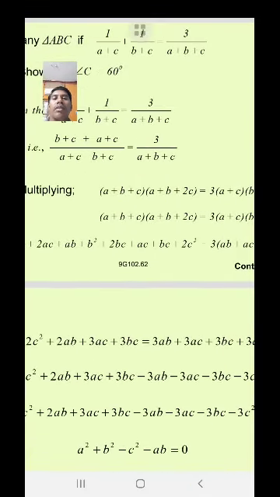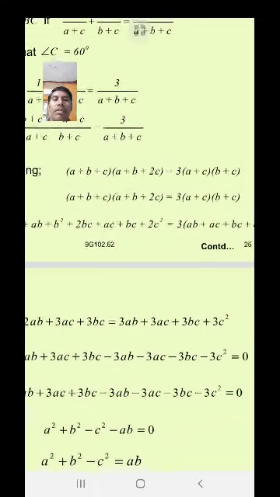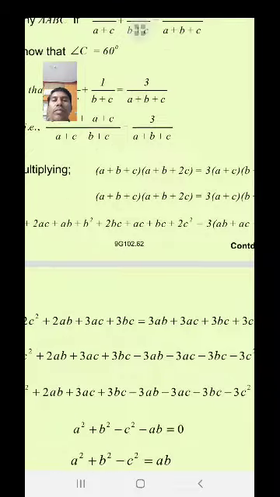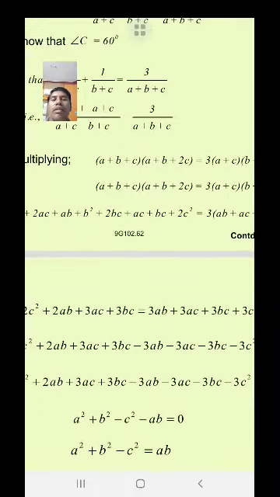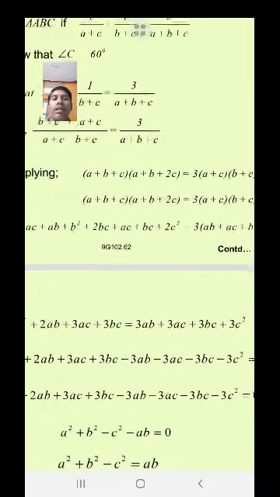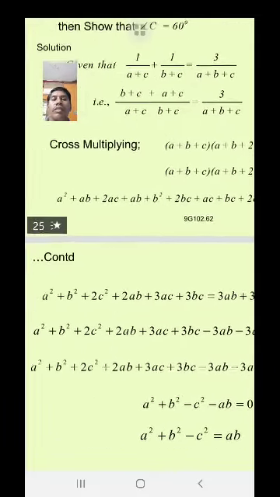Cross multiplying, we get a plus b plus c into a plus b plus 2c equals 3 of a plus c into b plus c. The next step is also the same. Now multiply in the LHS and also in the RHS.